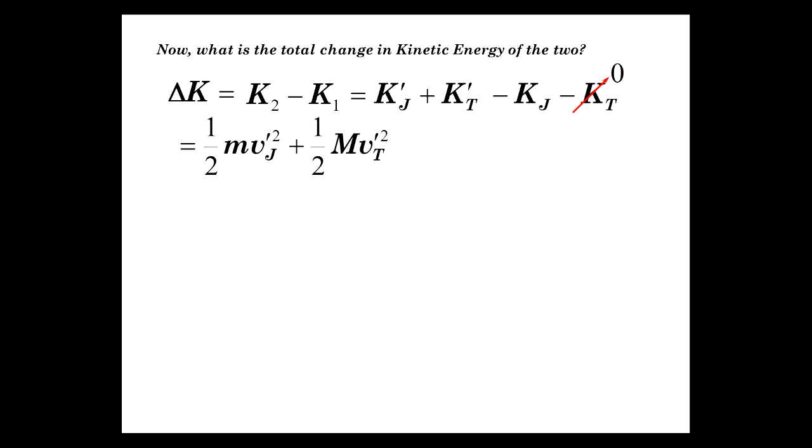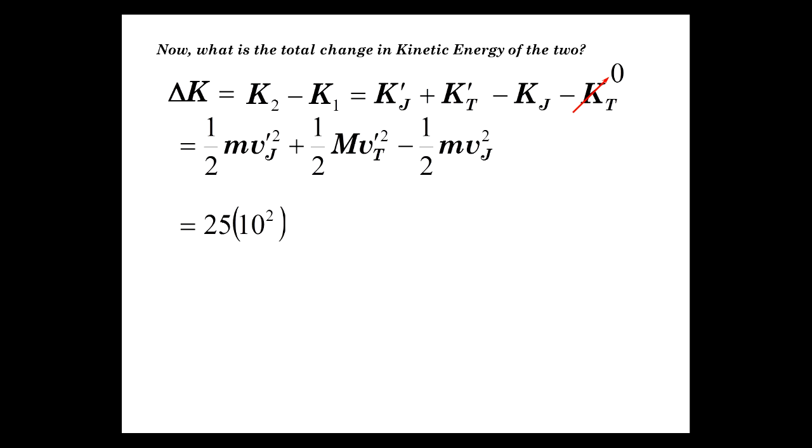So let's expand each term: 1/2 m Jenny v Jenny prime squared plus 1/2 m Troy v Troy prime squared, minus 1/2 m Jenny v Jenny squared. And now let's plug numbers in.